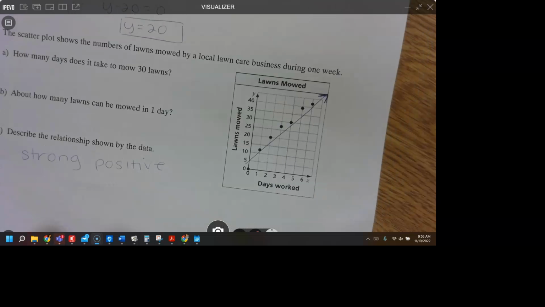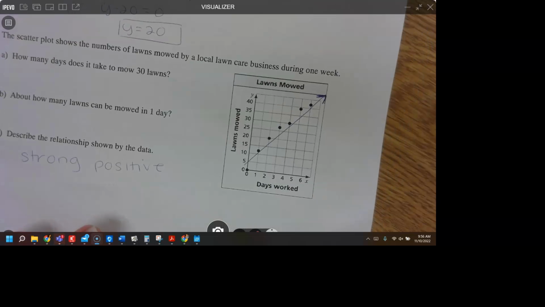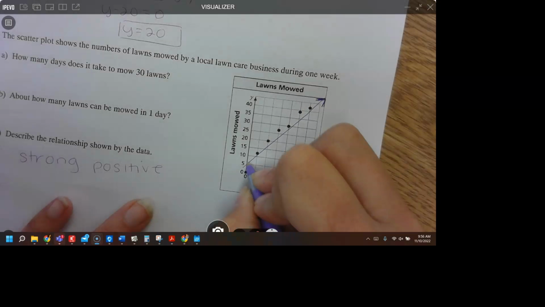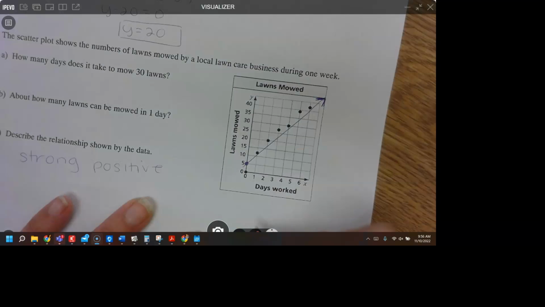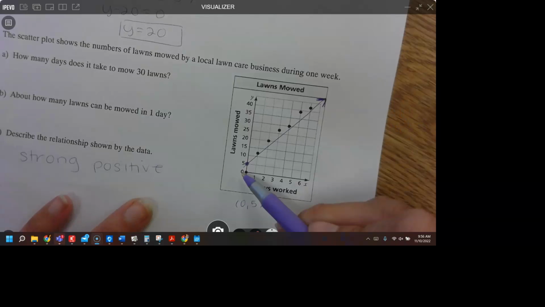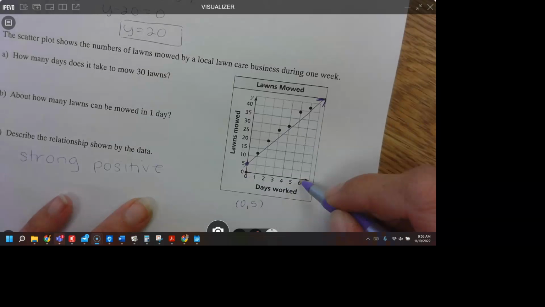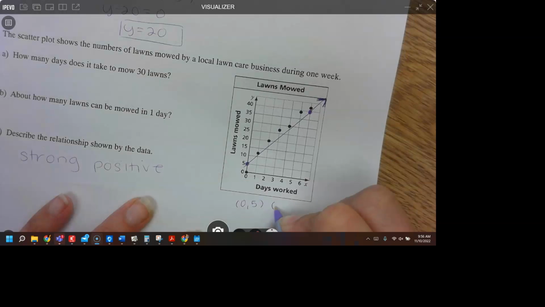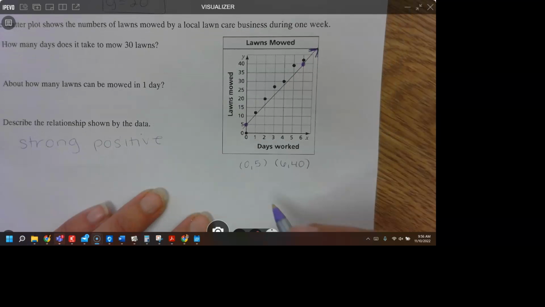So I'm going to pick points off my line. So I kind of look like I went through 0, 5. And then I didn't have very many other nice points, maybe 6, 40. So I'm going to use those 2 points to find my slope.